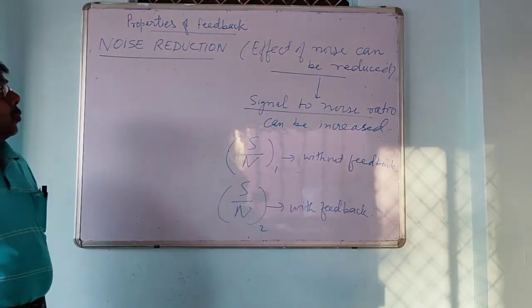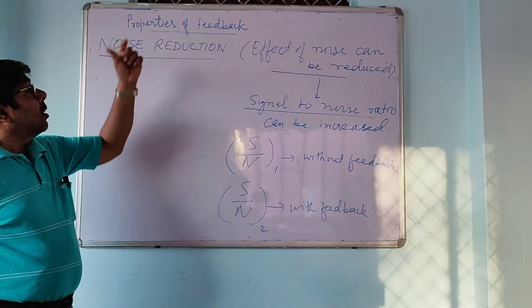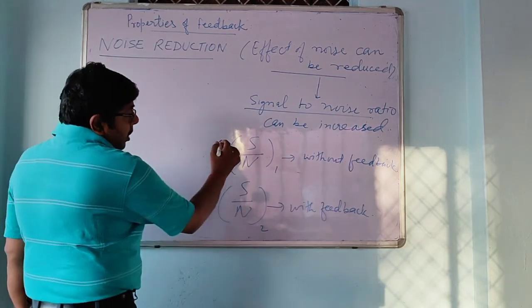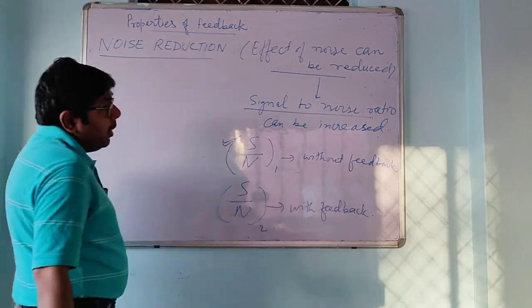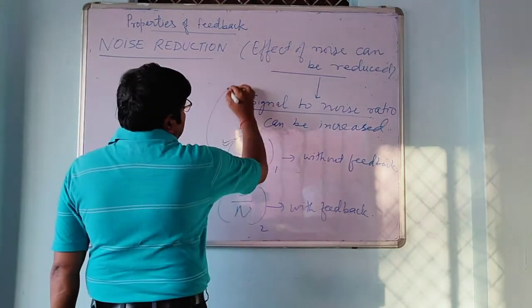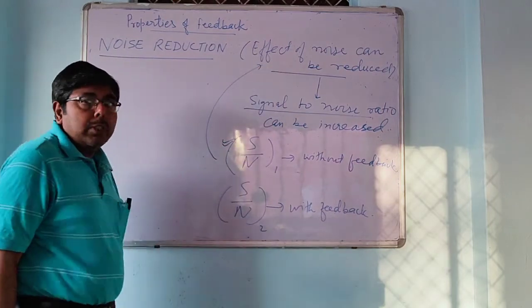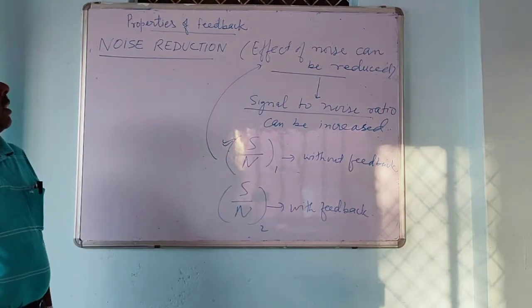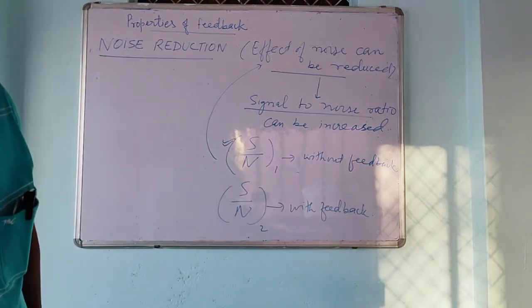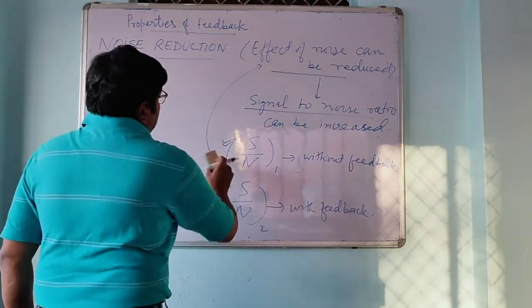Then by using this negative feedback, this signal to noise ratio can be increased, or effectively we can say effect of noise can be reduced. So this is the meaning of effect of noise can be reduced. Now we will see how this is reduced.